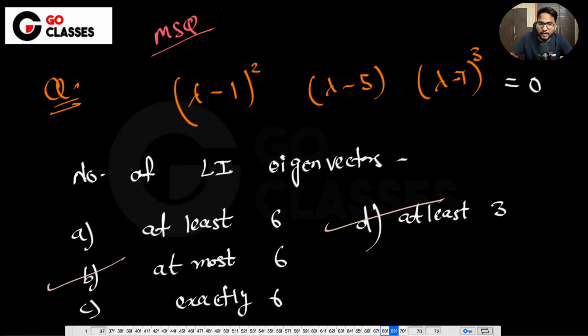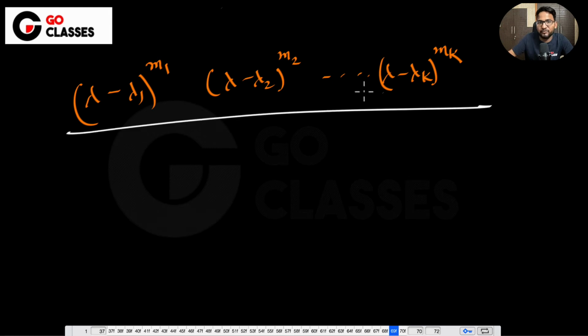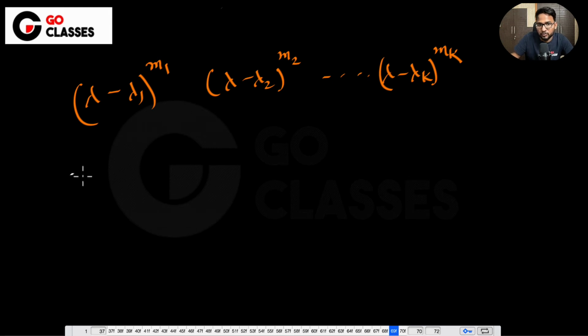Now in general, I can say that if you have, let's suppose, a characteristic equation which is lambda minus lambda 1 power m1, into lambda minus lambda 2 power m2, and let's suppose there are k lambdas, up to lambda minus lambda k power mk. If someone asks what you can infer from this, you can say that since there are k different lambdas, there are at least k linearly independent eigenvectors.